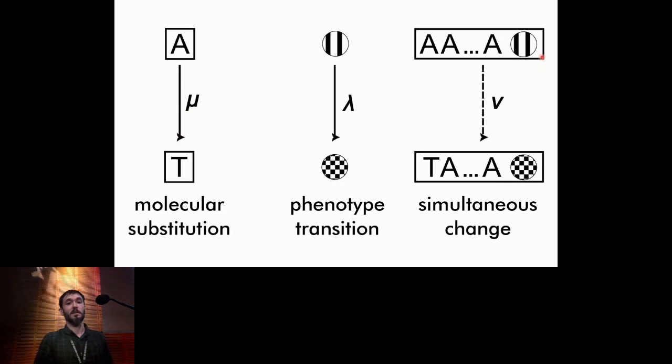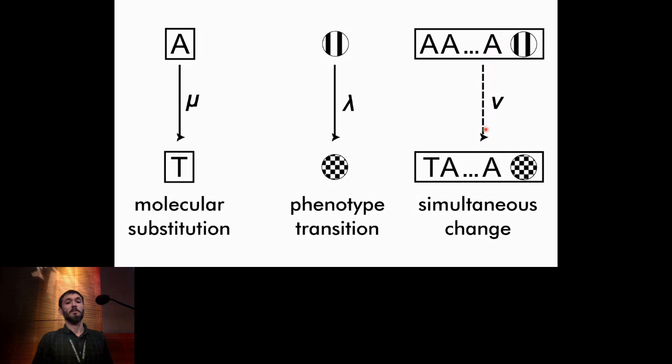So think about it this way. You have some phenotype, in this case a striped phenotype, and then you have a sequence, and then you have a rate at which they evolve together. So think of this as a Poisson process.